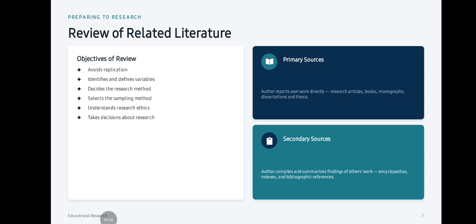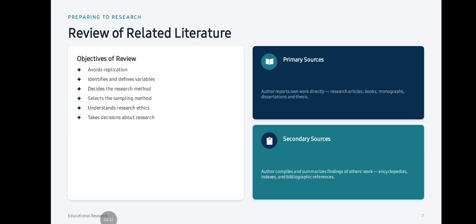So, preparing to research, review of related literature. Objectives of review is avoids replication, identifies and defines variables, decides the research method, selects the sampling method, understands research ethics, takes decisions about research.